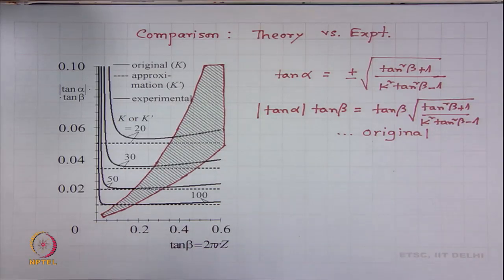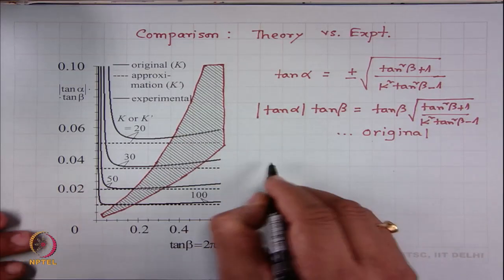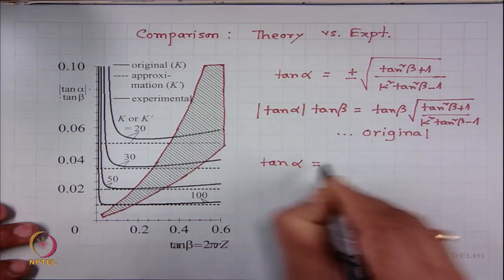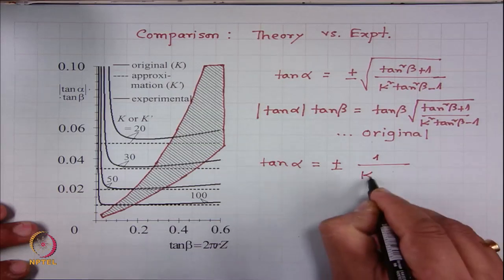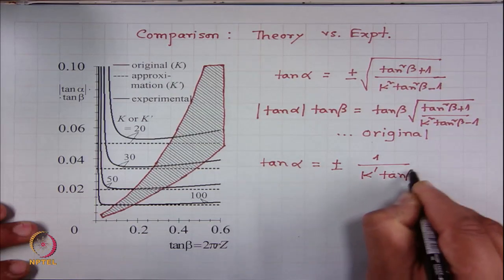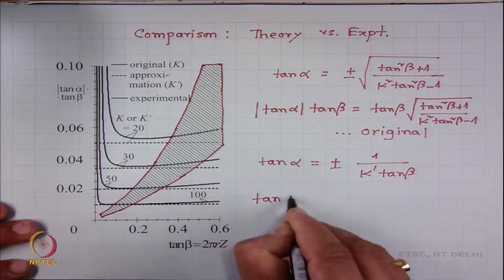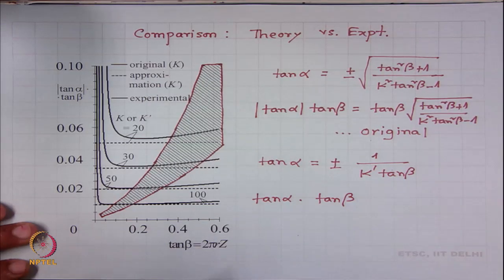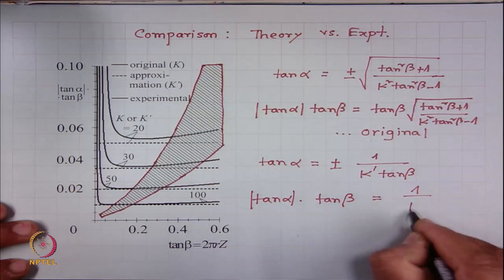An approximated equation is shown by the dotted line. What was the approximated relation? You remember tangent of alpha is plus minus 1 by k prime tangent of beta. So, tangent alpha into tangent beta, and if we take the absolute value, then it becomes this.